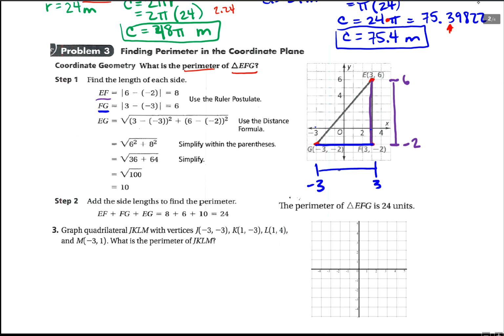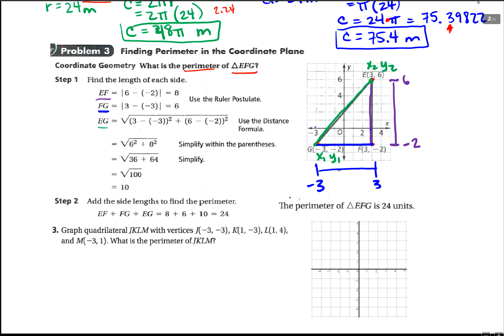Now, the one that we have to really think about here is EG. EG is our diagonal one. So the first thing I'm going to do is label my points x1, y1, x2, y2.